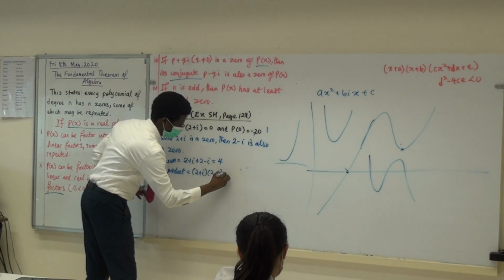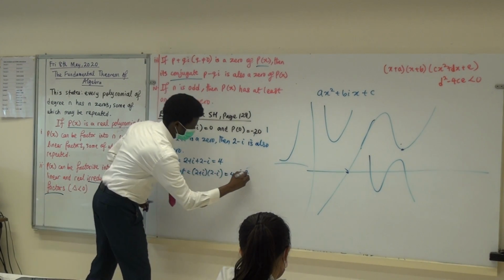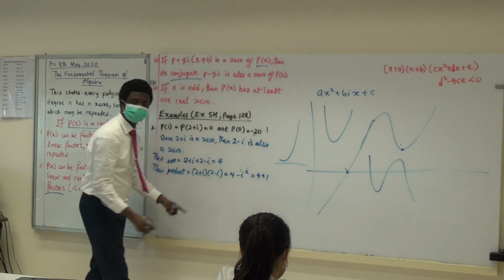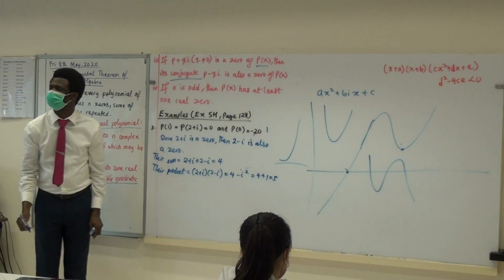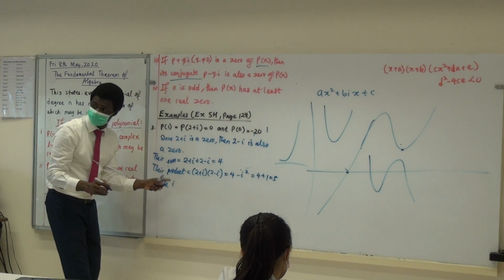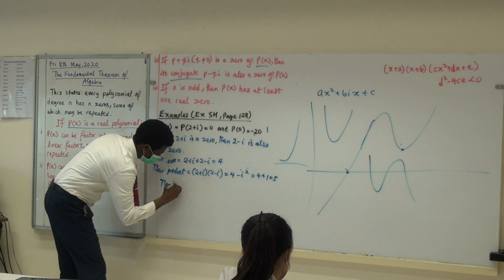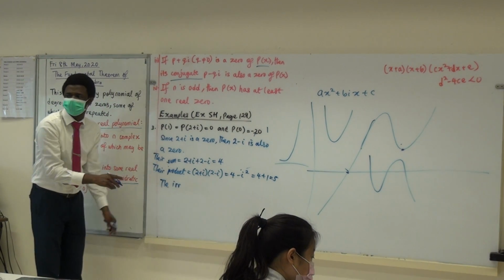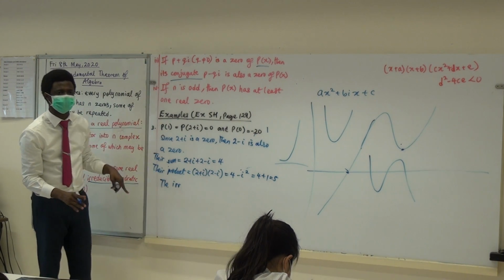Difference of two squares. 4 minus i squared, which is 4 plus 1. Agree? Which is 5. So what is that quadratic factor? That will be the irreducible quadratic factor. Of course, you don't have to use that adjective. You are going to the quadratic factor. I'm just adding it so you can connect it with these conditions.